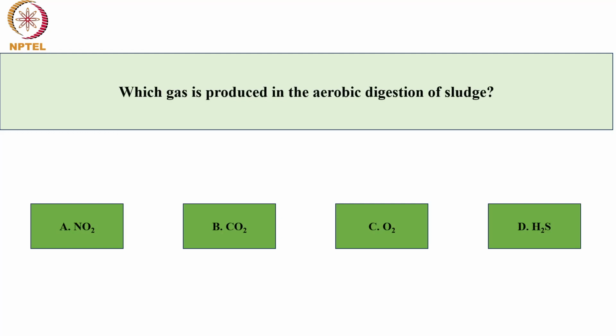Next question: which gas is produced in aerobic digestion of sludge? NO2, CO2, O2, H2S. Think and tell me, in aerobic digestion what will happen?